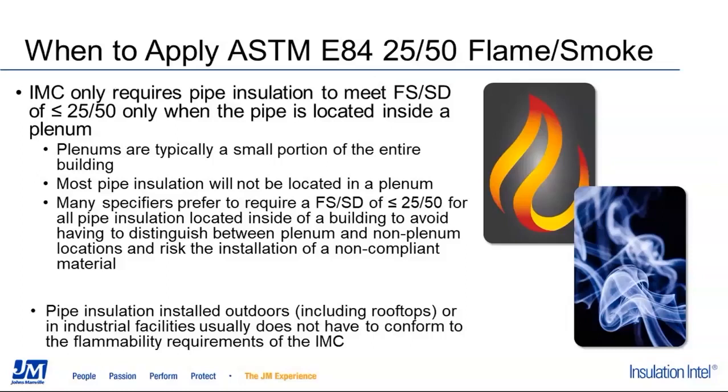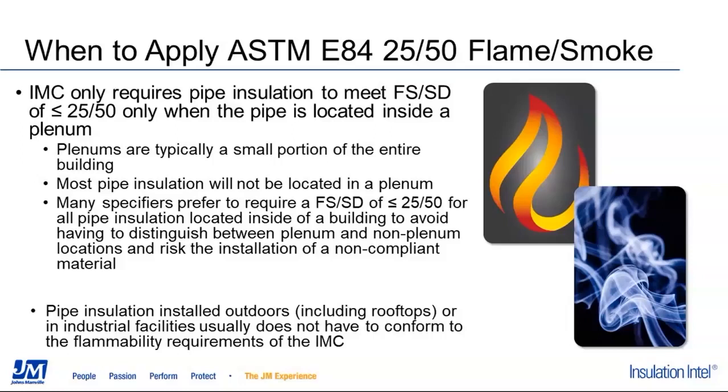This might be preferred to avoid any chance of an authority having jurisdiction incorrectly requiring a 25/50 performance, or perhaps to avoid the installer making a mistake and putting the wrong insulation in a plenum. Whatever the reason is, it's our experience that most specifiers require in their specs that pipe insulation in a commercial building meet the flame and smoke of 25/50 even where the code does not require this.